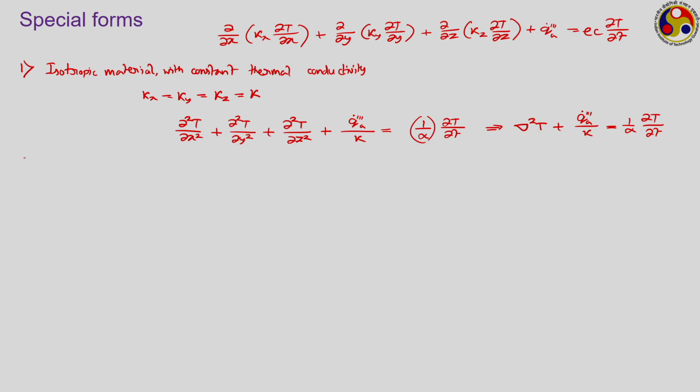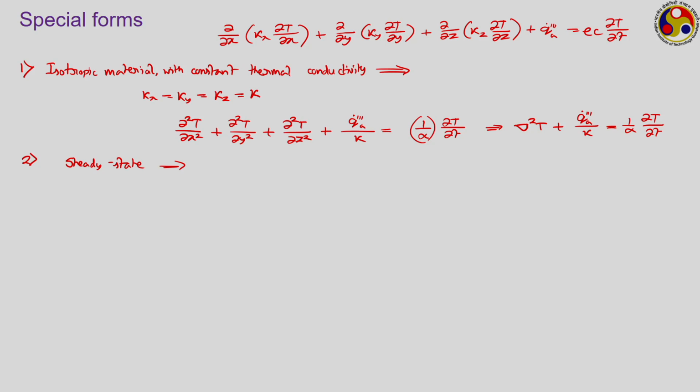If we are dealing with a situation where we are bothered only about steady state, what do we mean by steady state? You must have encountered this term in your fluid mechanics. Steady state refers to there being no time variation.